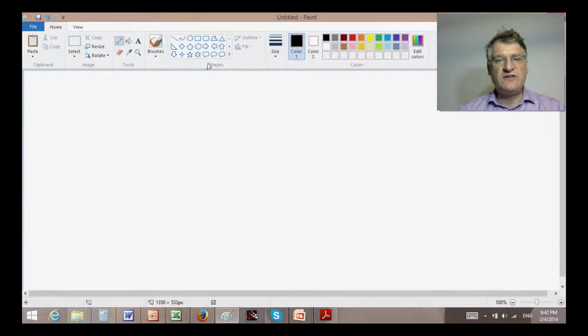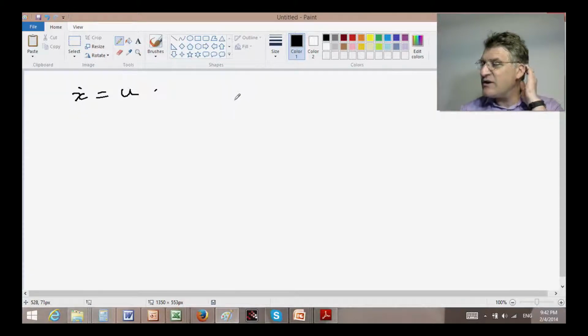So suppose that you consider the differential equation x dot equals u, which is really the simplest one we can think of, and one we have encountered before.